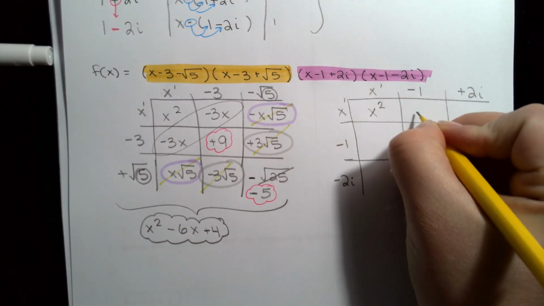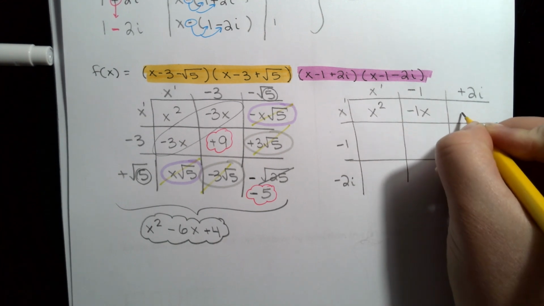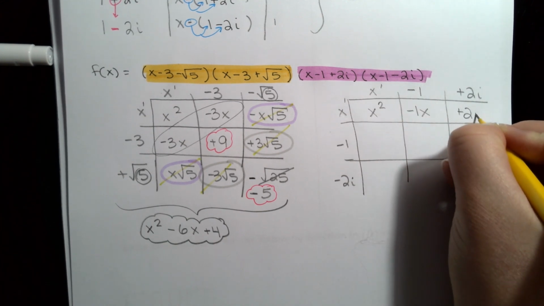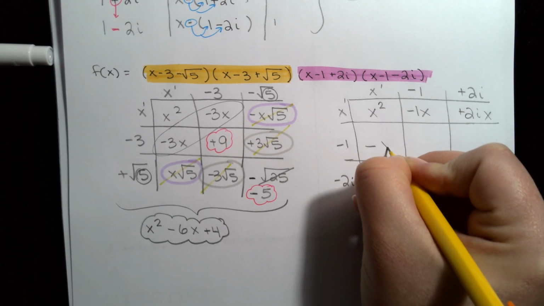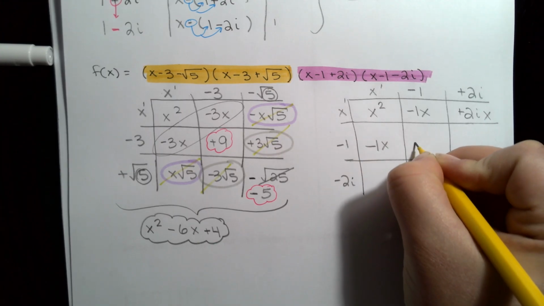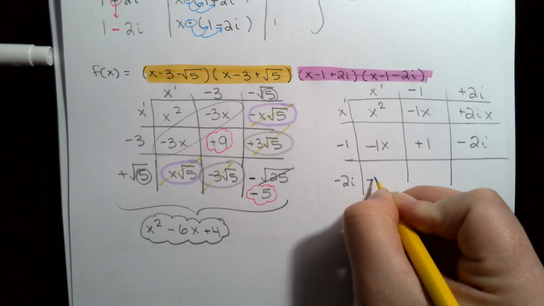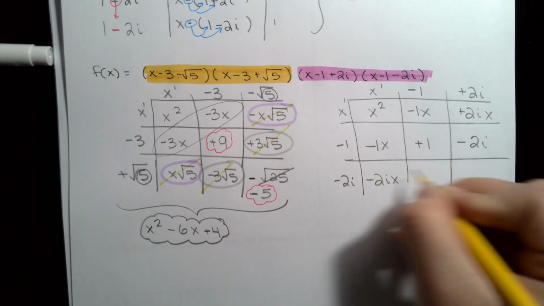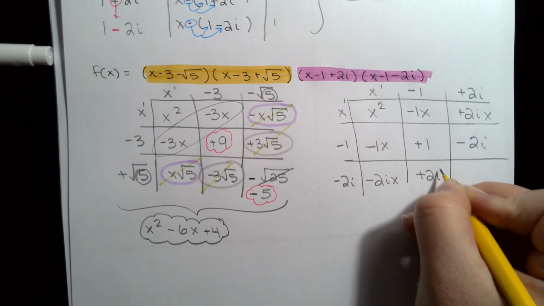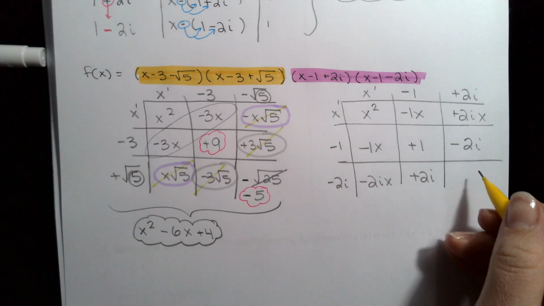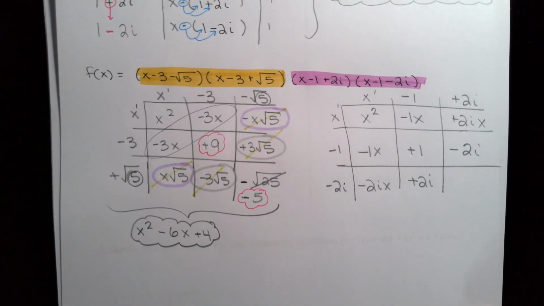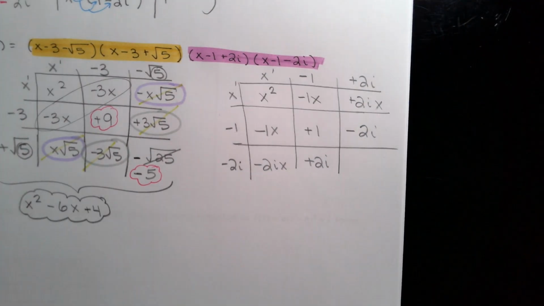We got x squared, negative 1x, positive 2ix, negative 1x, positive 1, negative 2i, negative 2ix, negative negative positive 2i. And again, here in this very last box, that's where you're going to eliminate your i's and your square roots. So here we have an i.